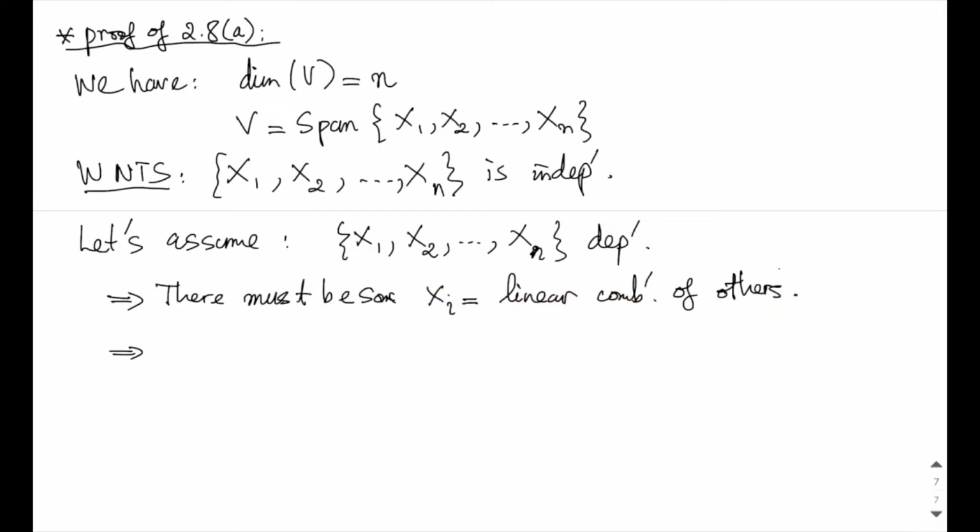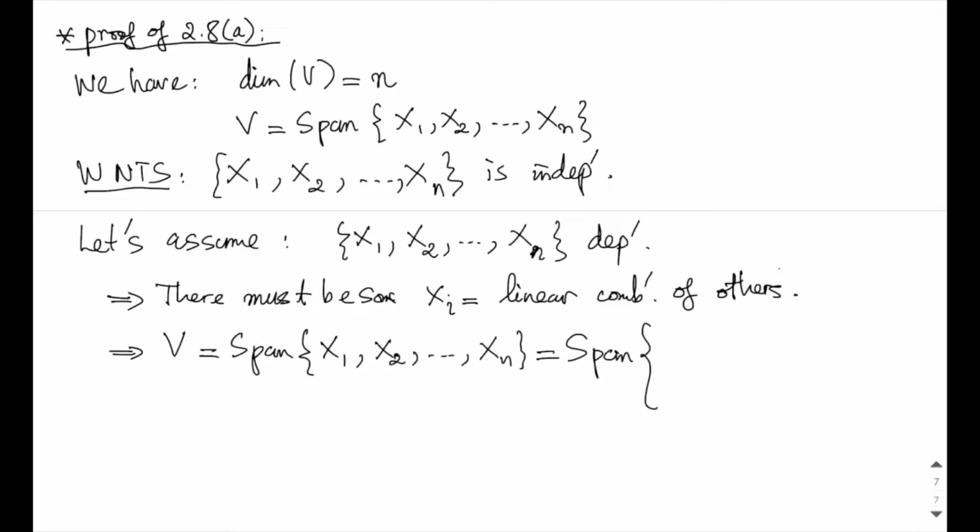So that means that V, which is the span of n vectors x1, x2, ..., xn, can now be spanned by fewer vectors, say x1, x2, ..., x(i-1), and then x(i+1), ..., xn. That's one way to write it.